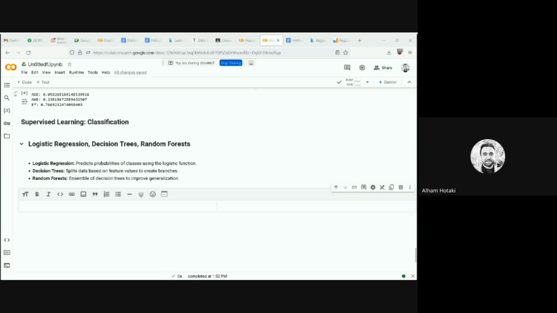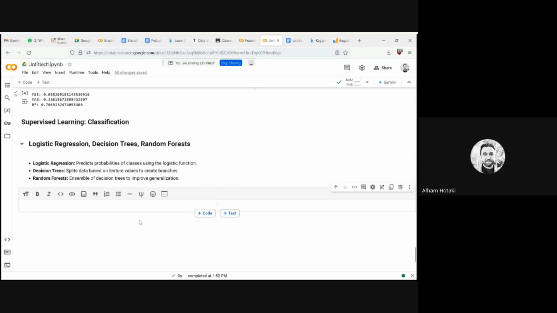You are assessing the relationship between the features and the targets, and deciding which feature is affecting the target at which level. Different features affect the target differently, and you create branches from it. At the end, you will have several branches, and you take the one with the highest possibility. Then you say, okay, this category belongs to this branch of the decision tree.